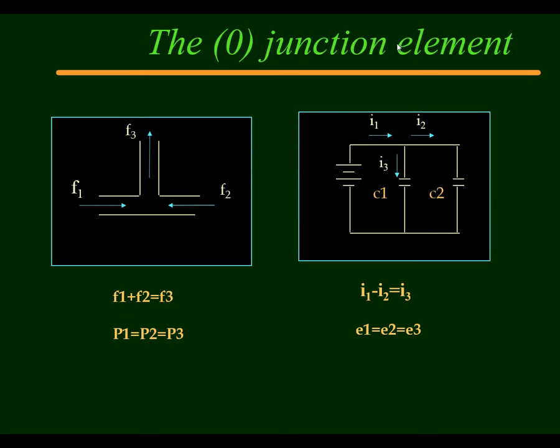Okay, finally, we need two junction elements. We need to connect these elements that we have seen. You have the zero junction here, which is this type of connection that you see on the left-hand side, where the flow goes in this way, another flow goes in this way, and another one continues like that.